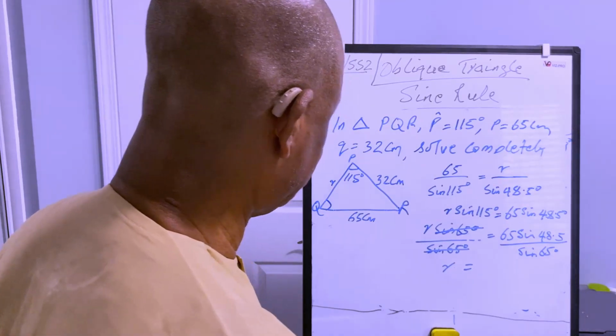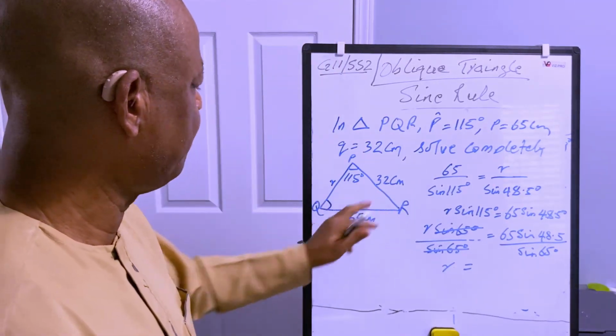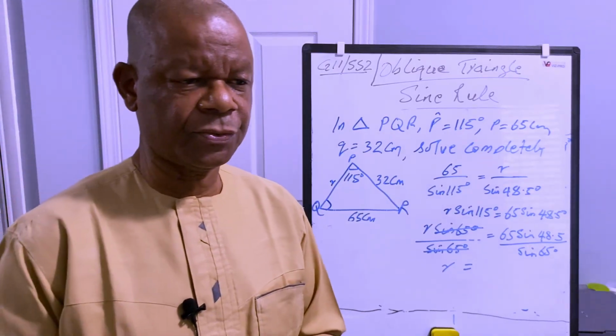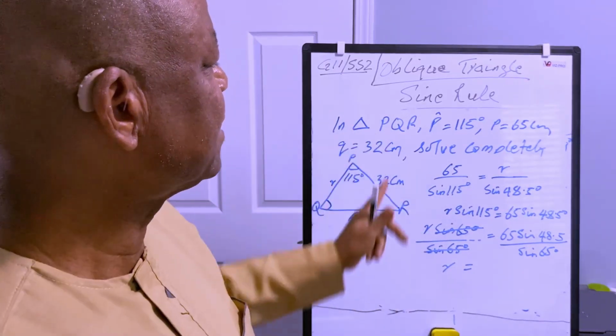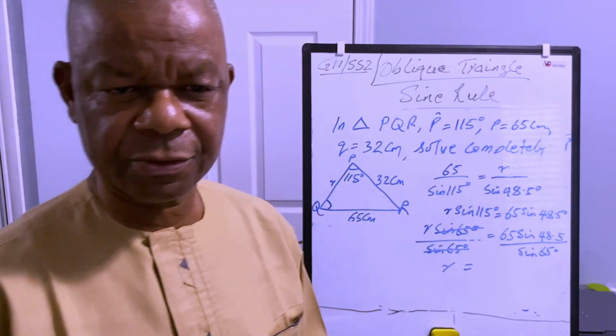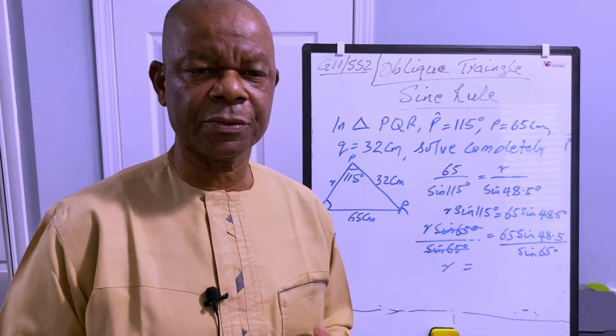Remember what we have been looking for. We present them one by one as a summary of what we expected to do. So this is solving oblique triangles, a non-right angle triangle.